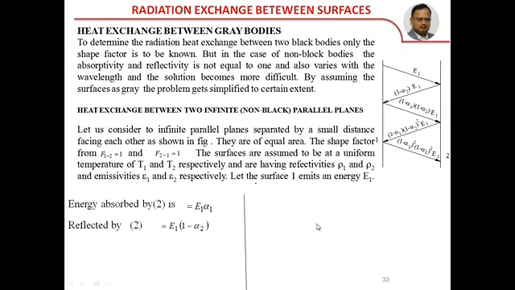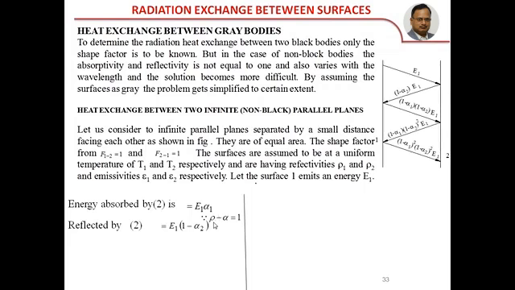Please follow carefully: the energy emitted by body 1 and falling on body 2 is E1. The second body has got a reflectivity of rho 2, therefore it reflects an energy equal to E1 into rho 2.